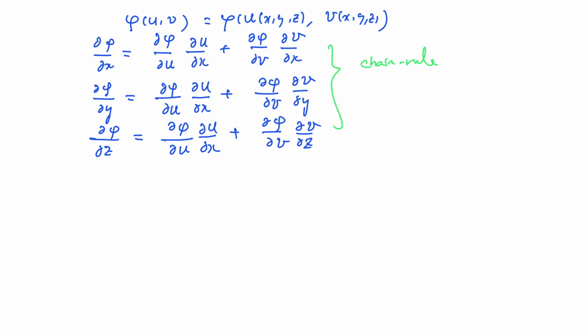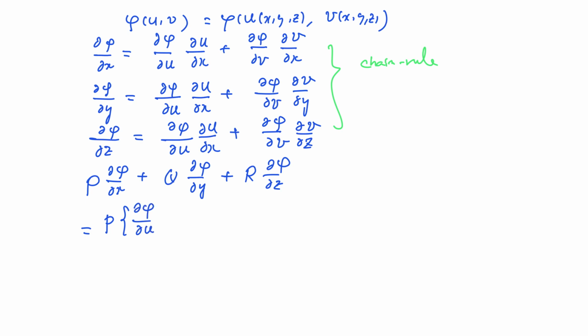So P partial phi over partial x plus Q partial phi over partial y plus R partial phi over partial z is simply, let's put together everything.